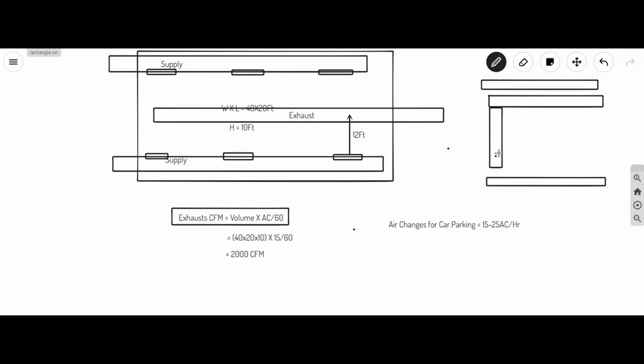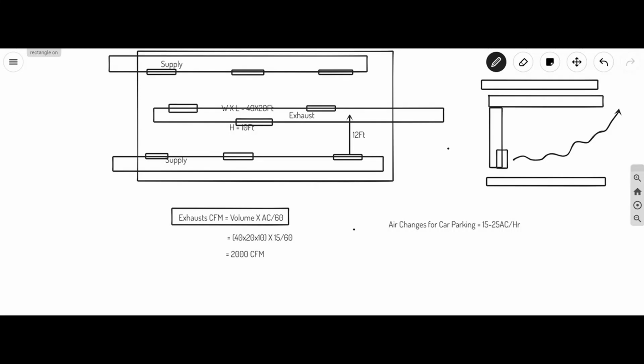It maintains unidirectional flow, so this air will throw like this and move to the top. At the top we'll have a return duct. If it is possible to take the air, then you can use this system.